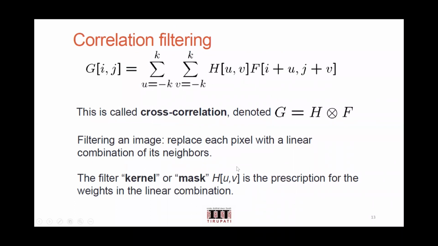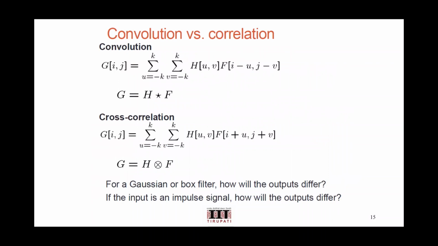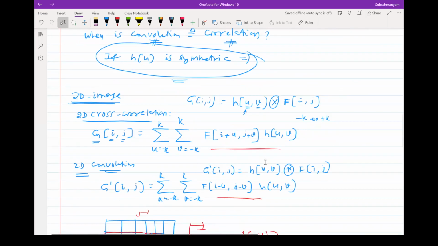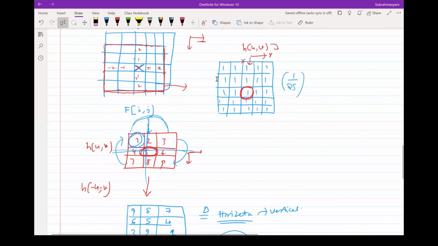Okay, and that's all. Then the relationship between cross correlation and convolution, these expressions also you are able to write on your own now. And by the way, just one more point, if you have something like this, all values being 1, this is referred to as box filter. You just remember this word.